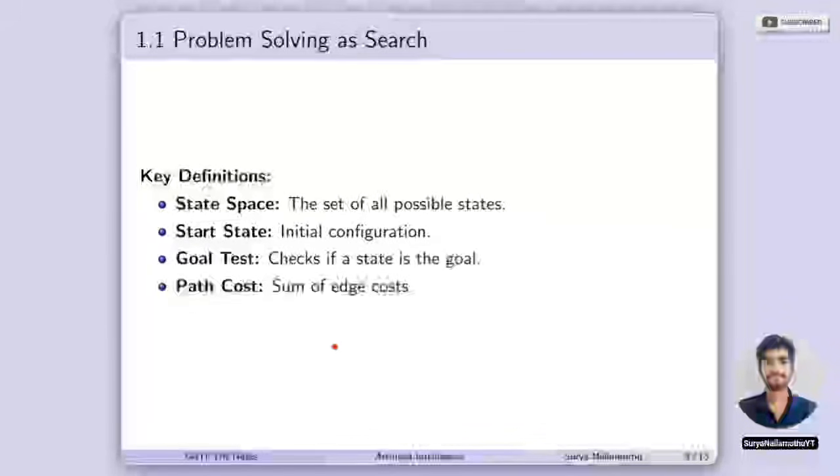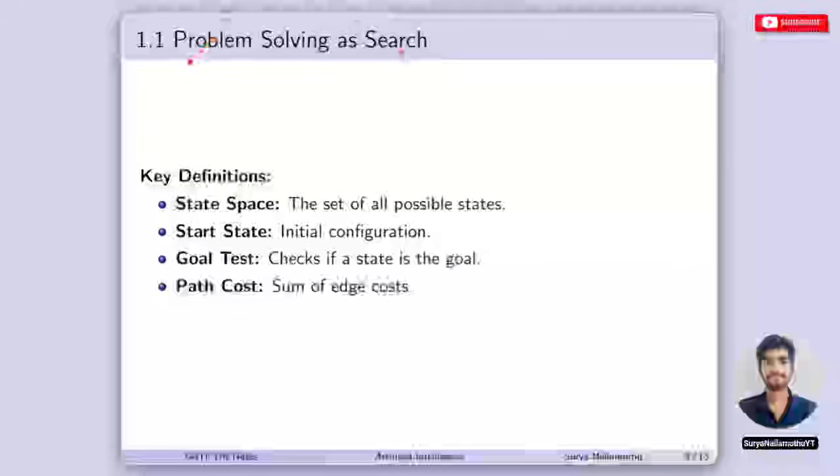It means solving a problem by searching. For example, if you have a doubt, you go to Google and ask your question, and it will be answered. So we search that question in Google, then the answer comes.